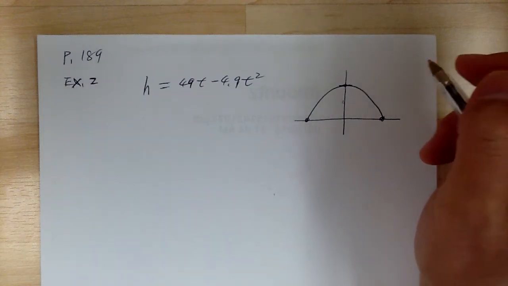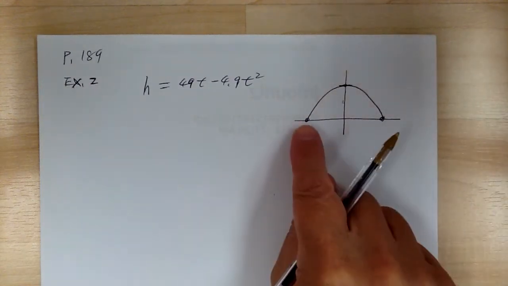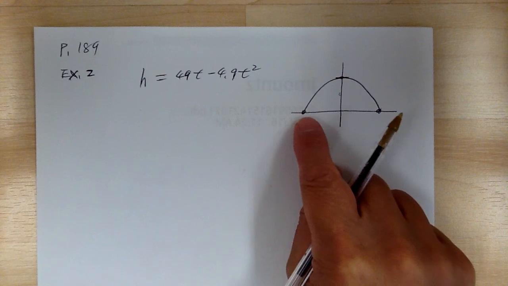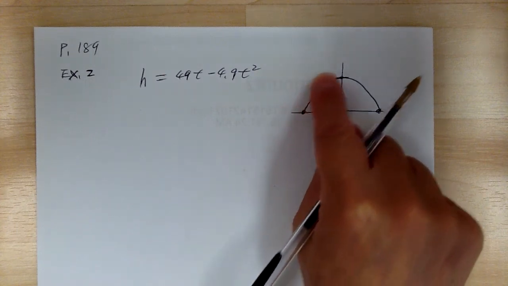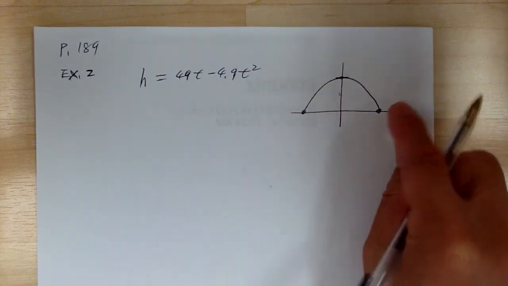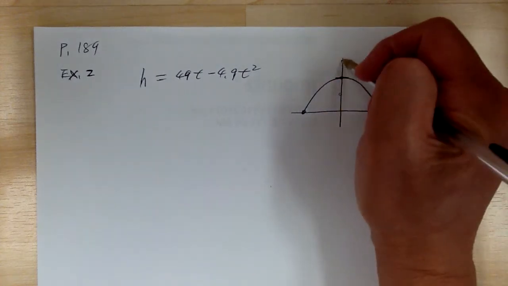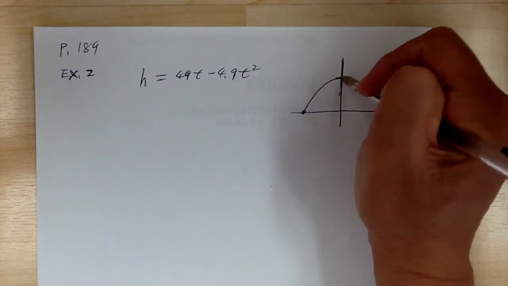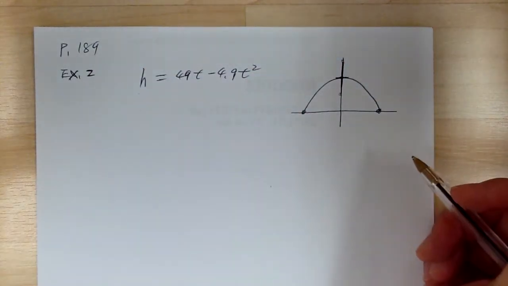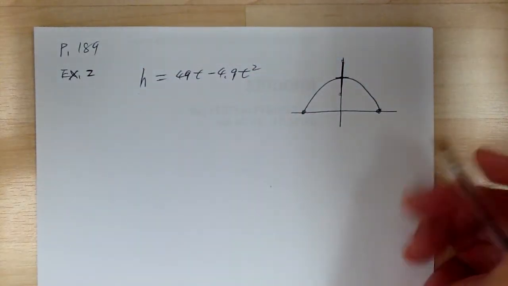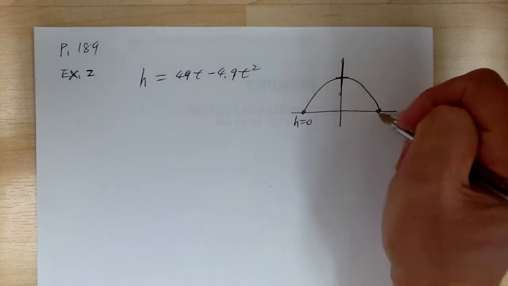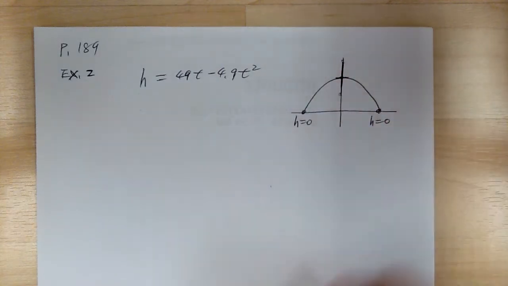So first thing you need to do is find out the time it takes. You need to find the time that it took from here to here. Once you find how much time it takes to get here, then you can divide by 2 to find the time over here. And once you find the time over here, you can find the height over there. Okay? So over here the height equal to 0, and when it hits the ground, height equal to 0 again.